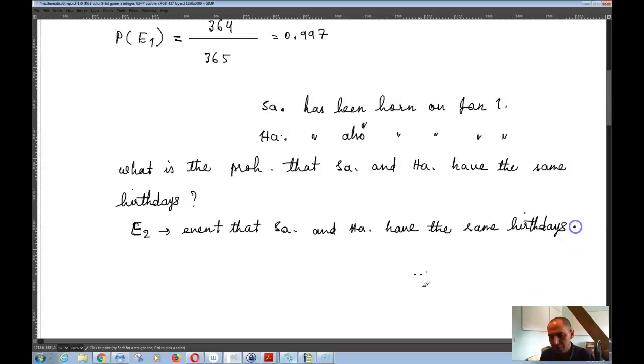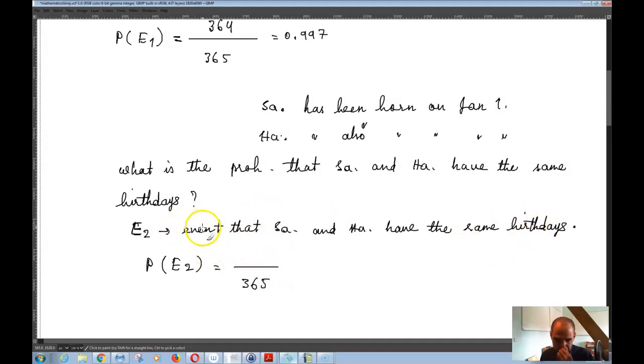And so if I want to calculate the probability of this event, I need to count all the possible outcomes of the experiment, whose number is 365, because I have 365 days in a year. And in the numerator, I have to count all the different possible outcomes of this experiment which are favorable to this event happening.